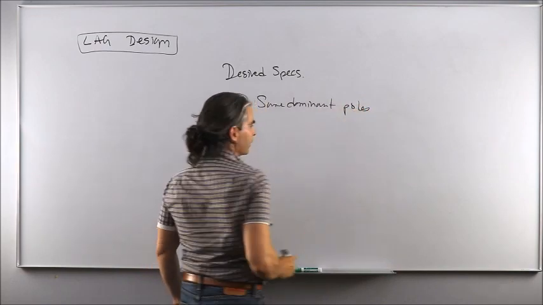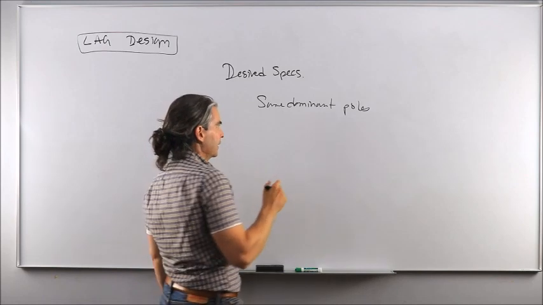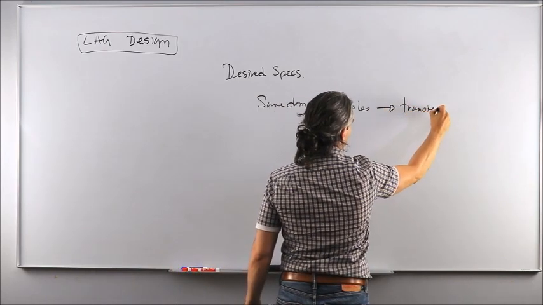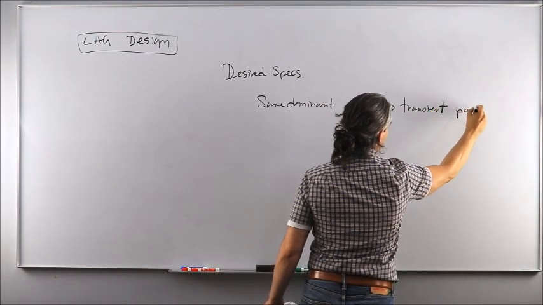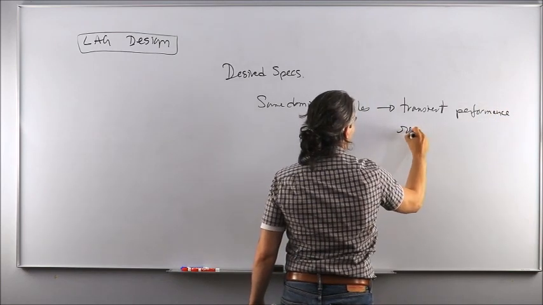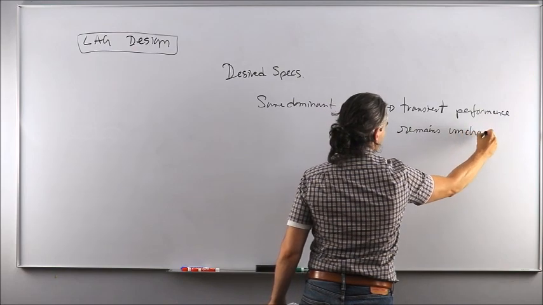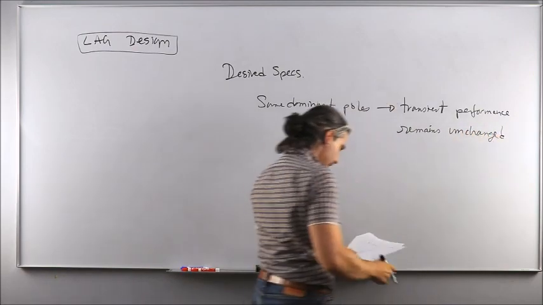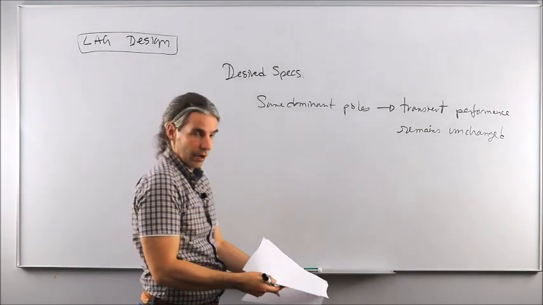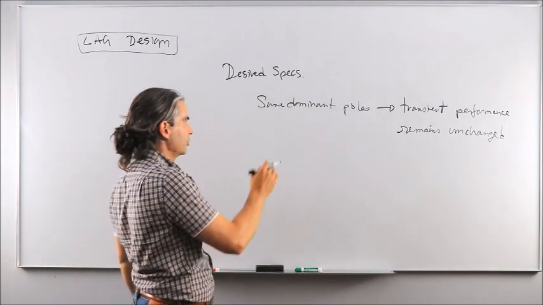We don't want to move them around, or the client doesn't want to move them around, which tells you that he's satisfied with the transient performance. The transient performance remains unchanged. So Mp and Ts, which were the ones we calculated, are good enough: 17%, 12 seconds, that's perfect for my application. I don't want you to move them.